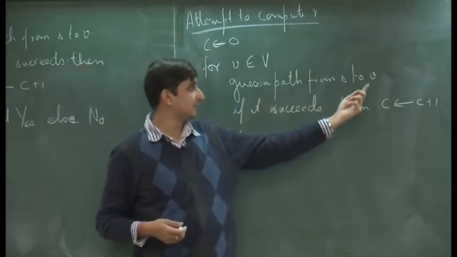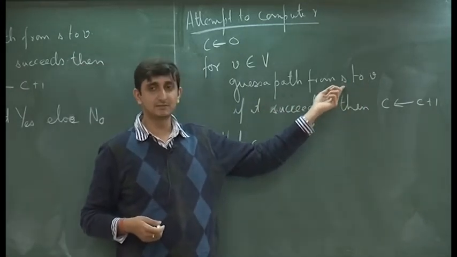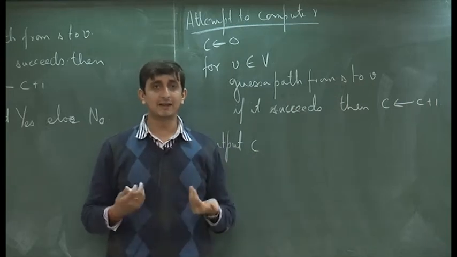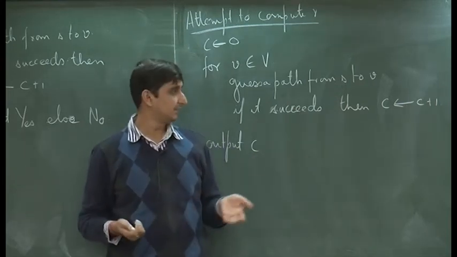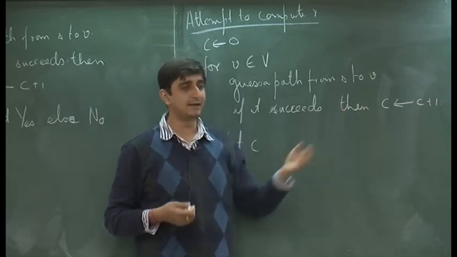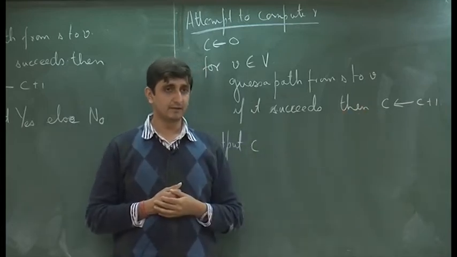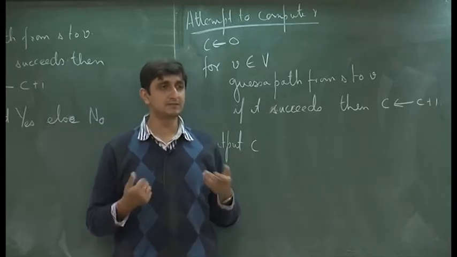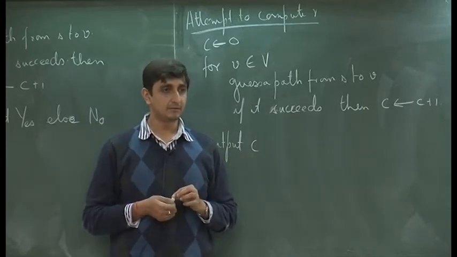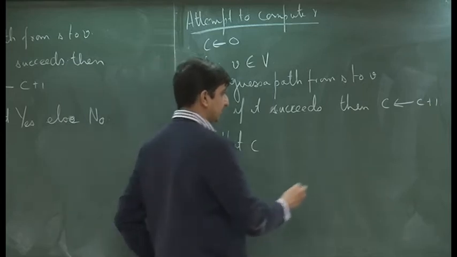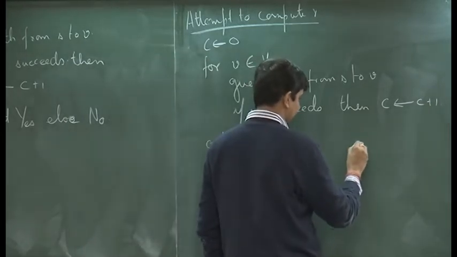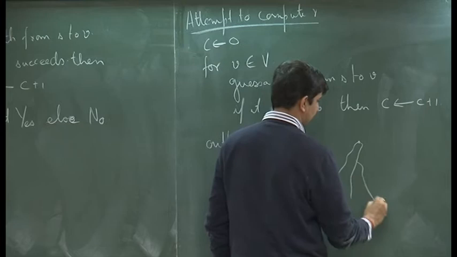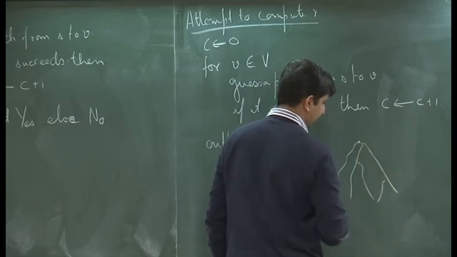Suppose you have a vertex V that is reachable from S, but you are not able to correctly guess a path, you guess an incorrect path, in which case you are not incrementing the counter. In which case the final value that you output is strictly less than R. So, this is a non-deterministic algorithm. Starting from the beginning there are several computation paths.